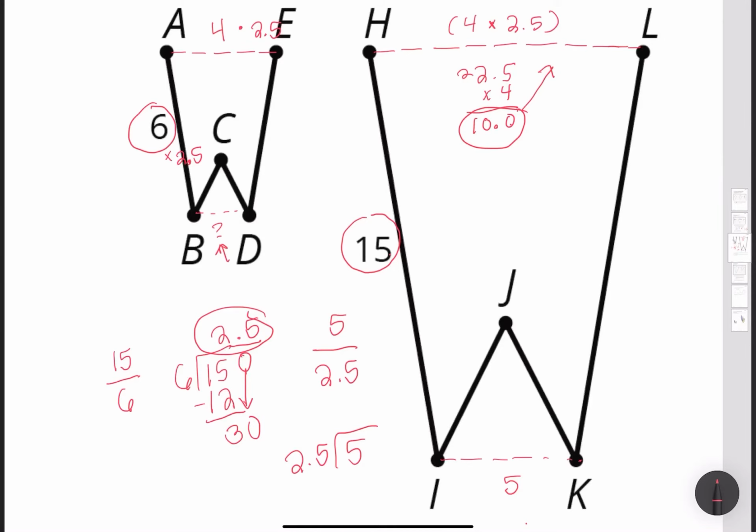And if you want to, you can add a decimal and a 0 so it looks like 50. So 2.5 goes into 5 exactly 2 times, and there's no remainder left, so this number right here would be 2.